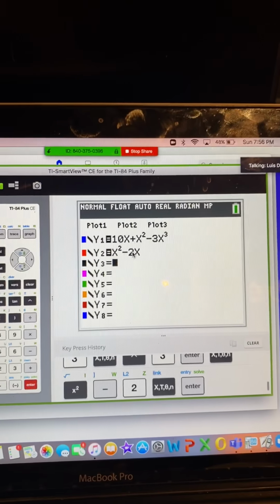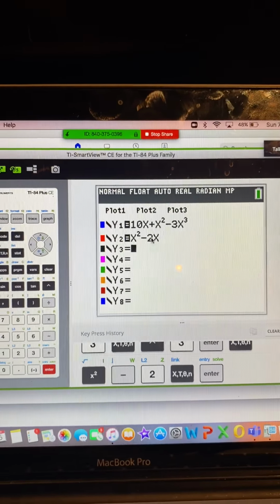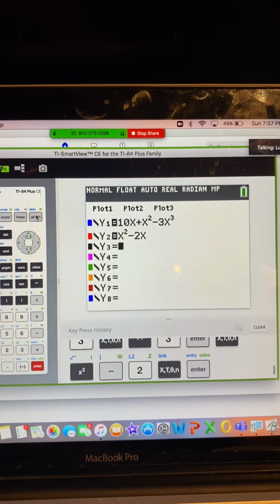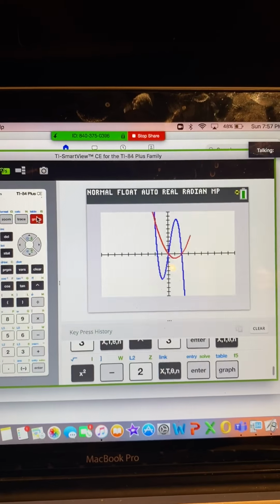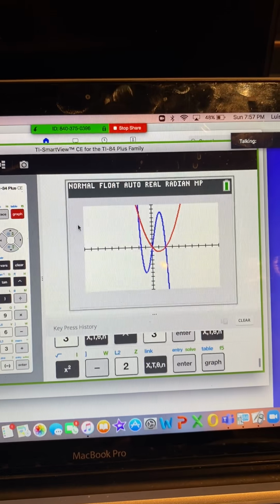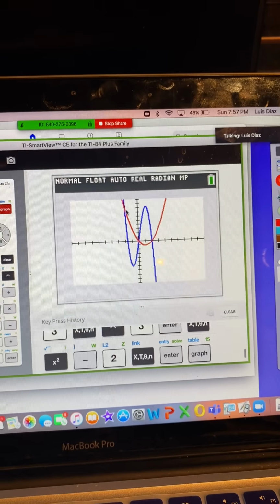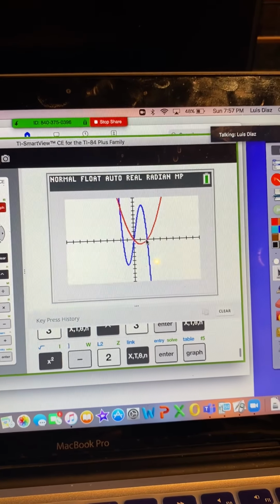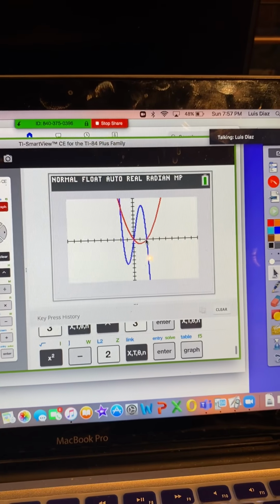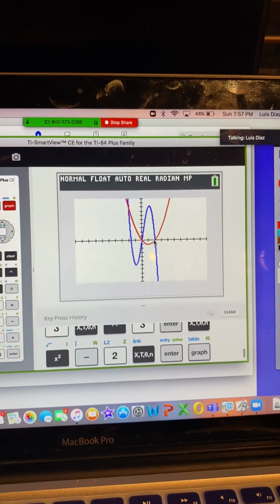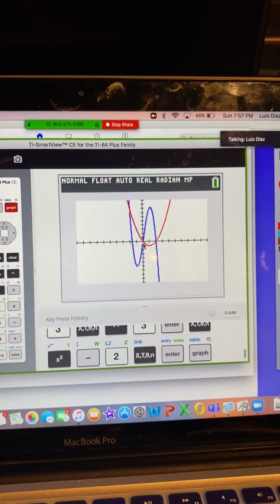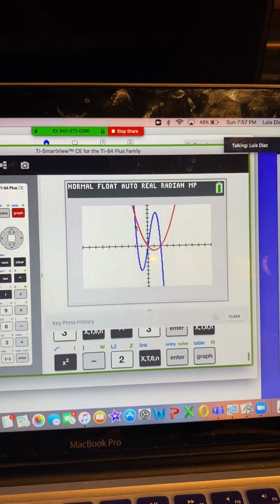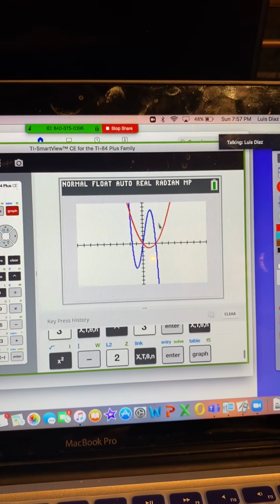Now let's take a look at where these intersect. Ooh, it intersects in 3 places. Here, here, and there. But notice one thing. I have 2 graphs, the red graph and the blue graph.